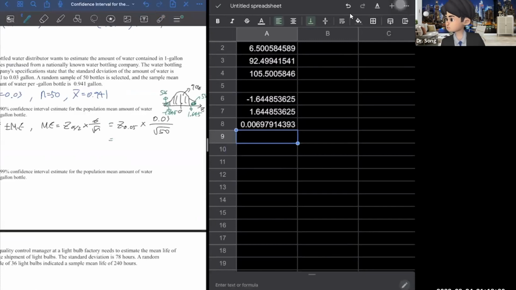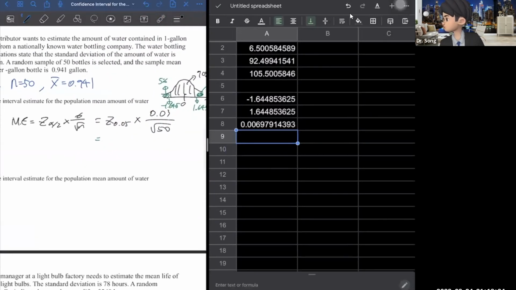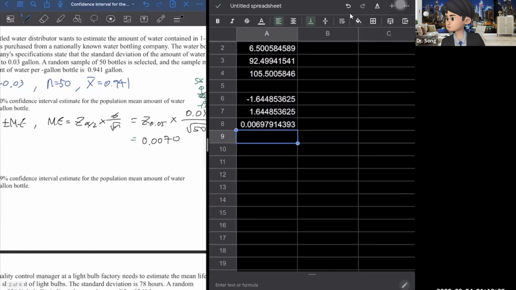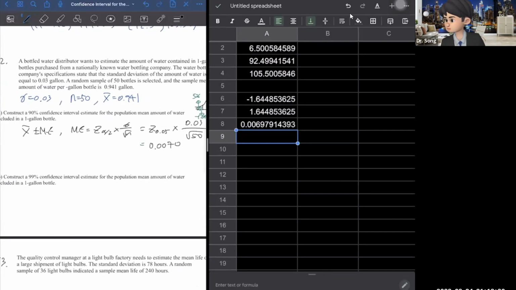So the margin of error up to 4 decimal places is 0.0070, okay? Then we're done. X bar minus, so X bar is 0.941, 0.941 minus 0.007, that's the lower bound. 0.941 sample mean plus 0.007, that's the upper bound.